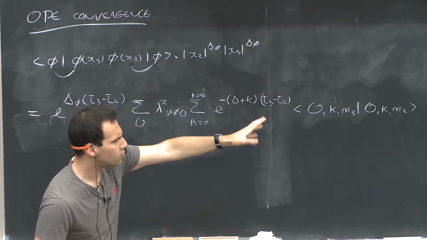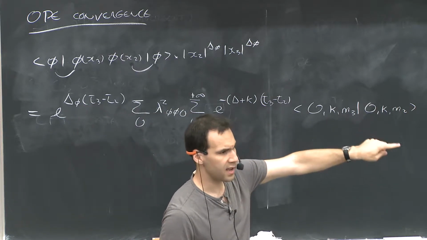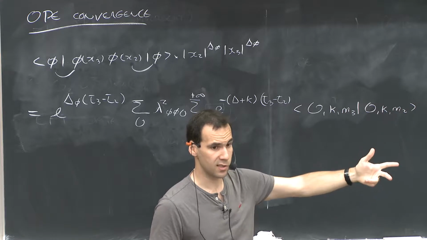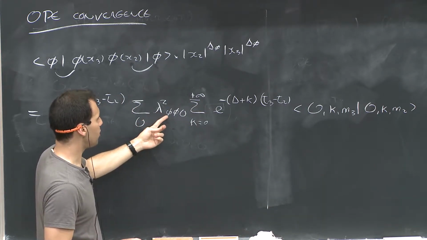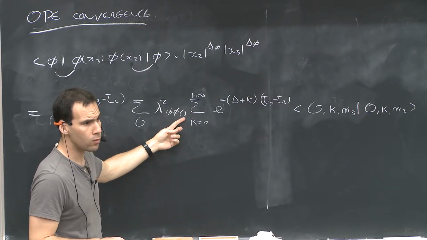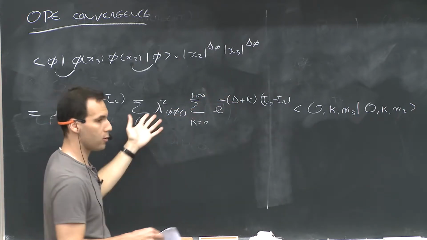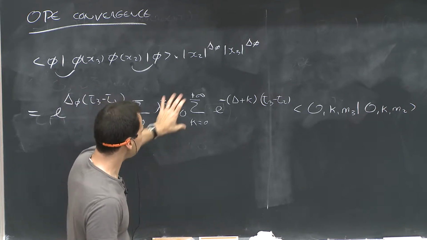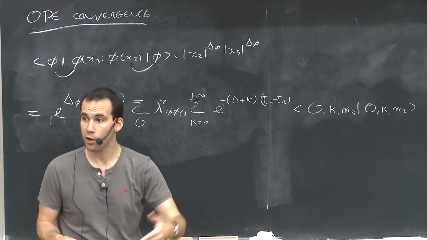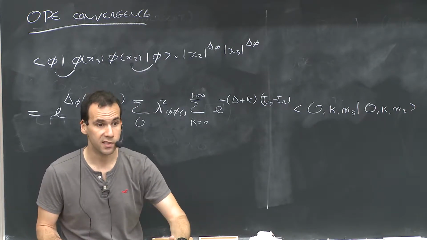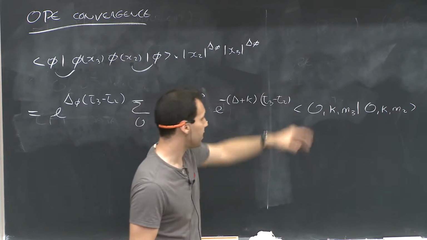So I've rewritten things here a bit. There I was saying lambda squared of delta, n, l, which are the quantum numbers of the intermediate operator. And here I'm just saying it's the OPE coefficient between phi and the operator O, which is labeled by delta, n, l. Okay? So bear with me. And so this is the sum over descendants. Okay, so the conformal block captures the contribution of a primary state and then all the descendants. And so this sum here is over the descendants.